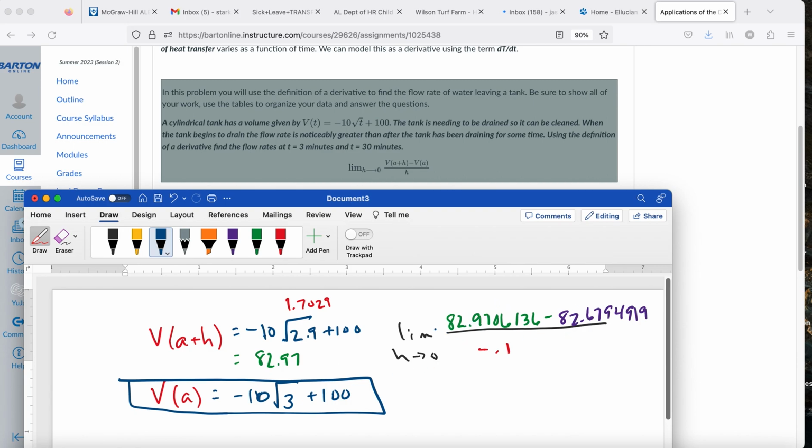Now I'm going to go through the calculations. It's helpful to do these calculations a couple of times just to make sure that you don't miss a decimal or type something in incorrectly.